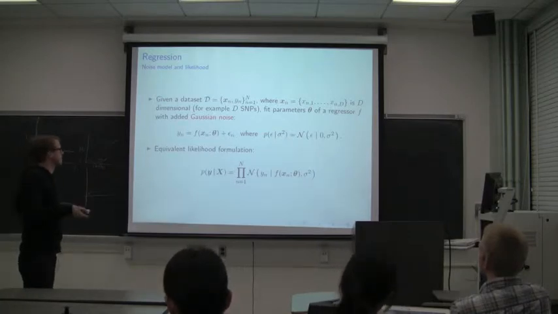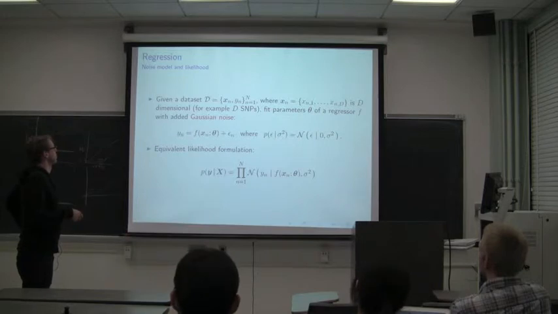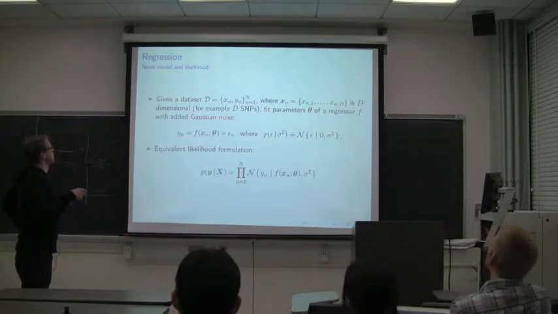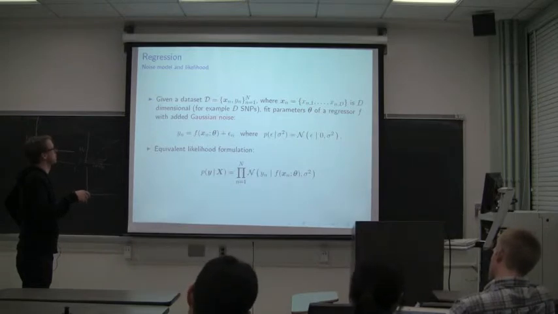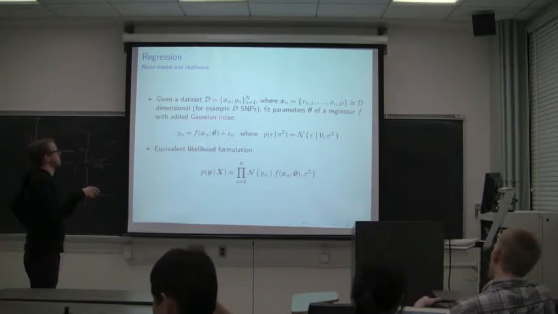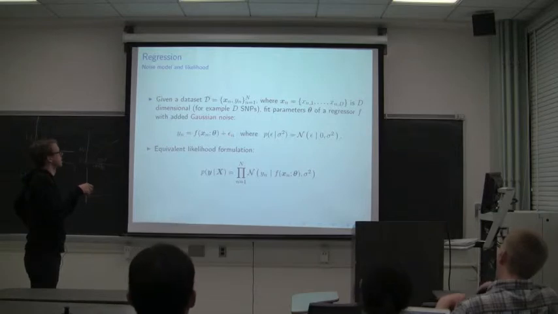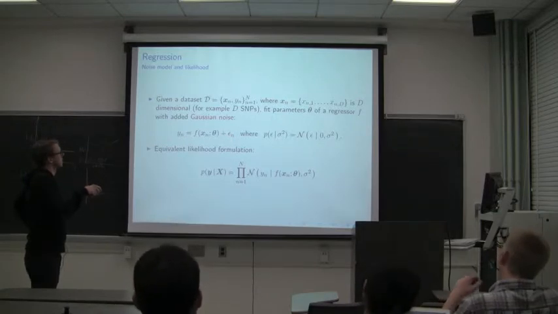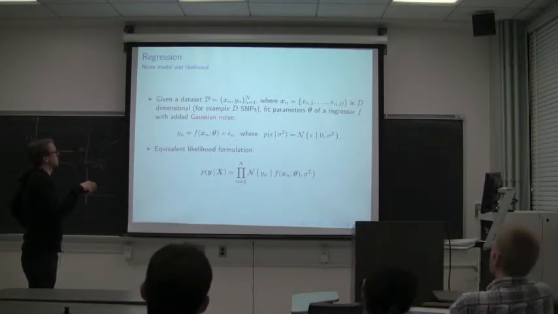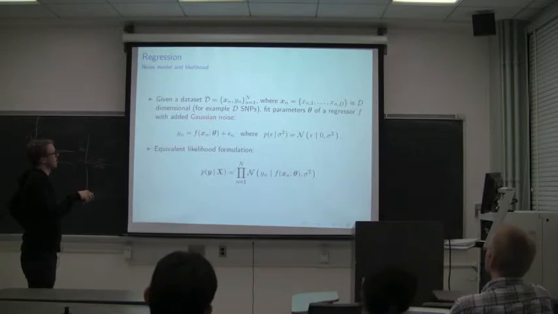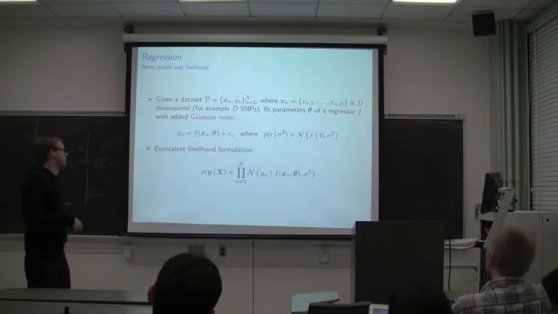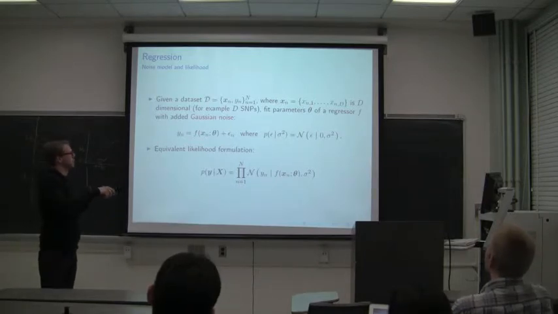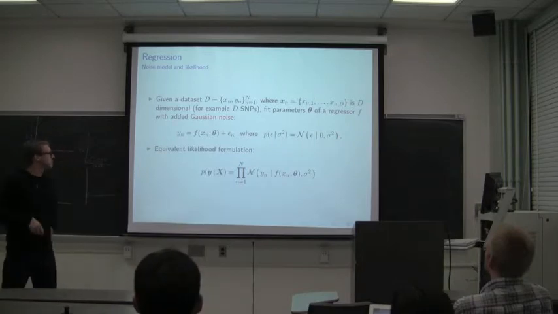Well, we are where we were before. We have a data set. We have some parameters of a function plus some noise. If this noise is Gaussian distributed, then it means we have a Gaussian distribution where the mean of y is equal to this function, and the variance of y is equal to the variance of this independent noise.